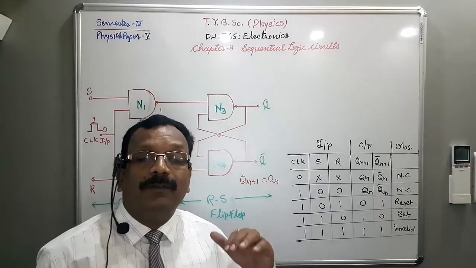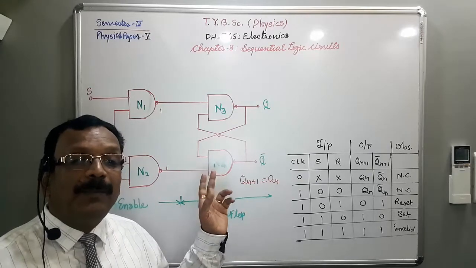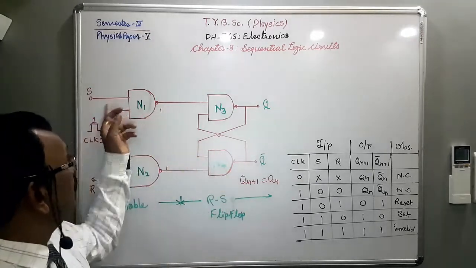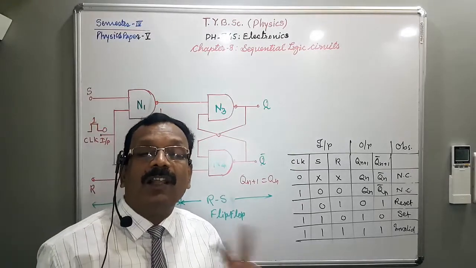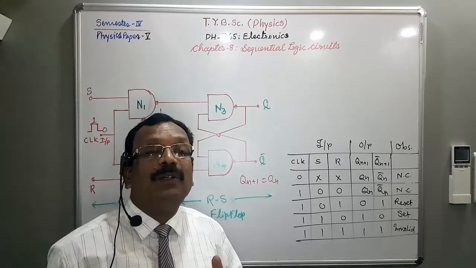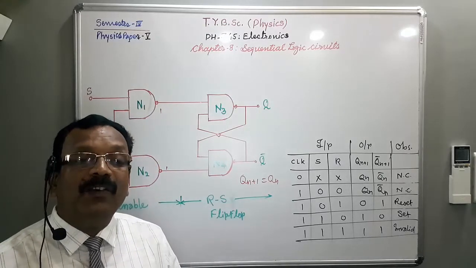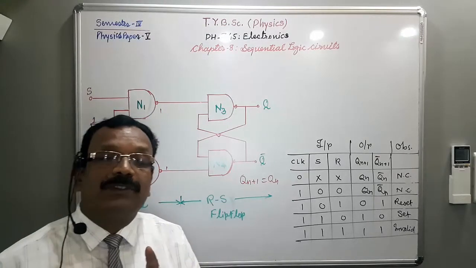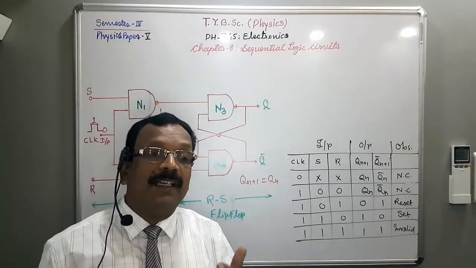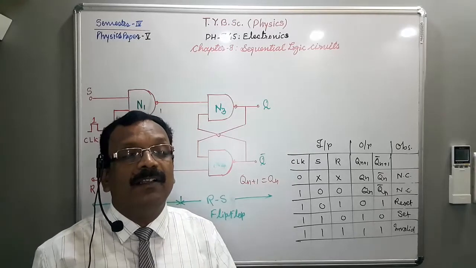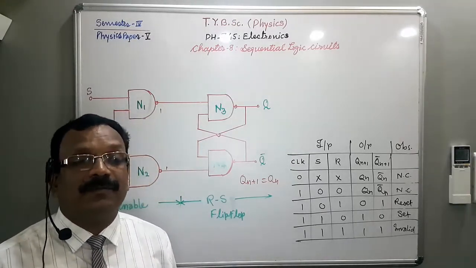When the NAND gates are enabled, the output of the enabled gates depends on the S and R inputs. So the S and R inputs will be able to reach the flip-flop, and depending on whether S and R are applied, the flip-flop will set, reset, or not change the state.